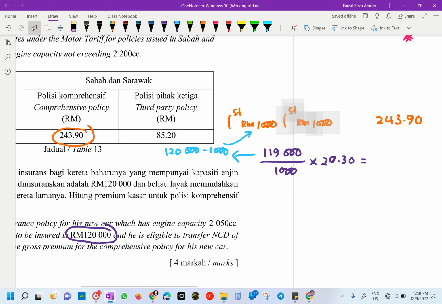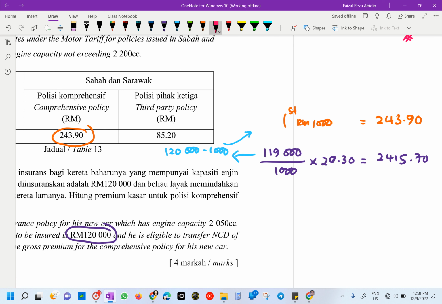You are going to pay RM243.90 for the first 1,000. And the rest, for each of 1,000 you are going to times by RM20.30. That's why you are going to get 119 there. 119,000. Berapa dapat? 2415.7. Isn't it? Yes. So, how much did he want to pay?